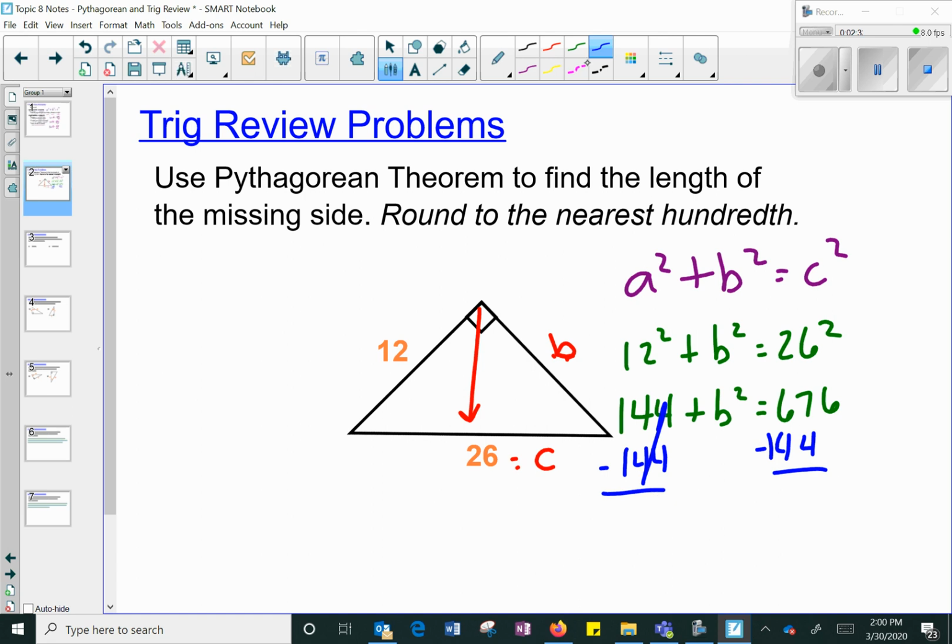It cancels over here, and we're left with b squared equals 532. The last thing we have to do is undo that square. So we take the square root, so b equals the square root of 532. If you do that on your calculator, remember shift square root, or if you're on your cell phone, you can turn your phone sideways and there is a square root button, and you get 23.065.